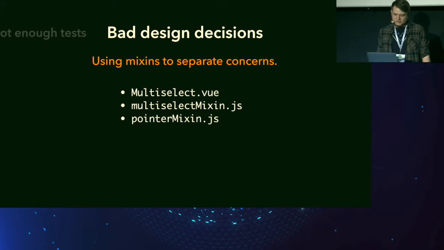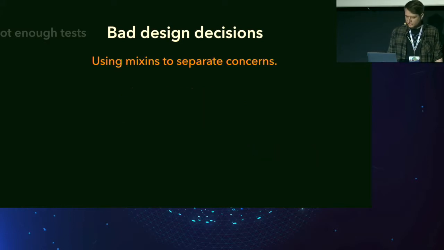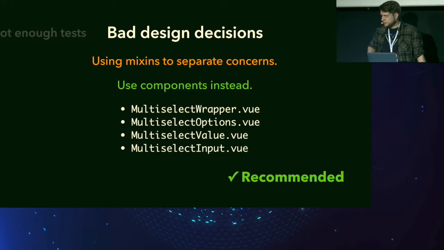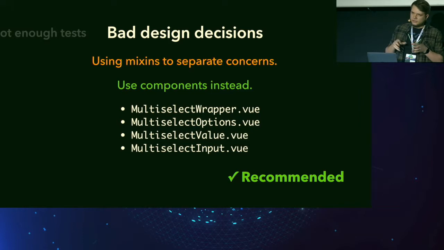So I just got stuck with a multi-select mixin, which is basically multi-select because you can't use it without the other parts. So it was like a complete failure. Instead, it's usually just better to try to extract components if you think your component just got bigger, and this is not only for open source, it's for every component in your application.